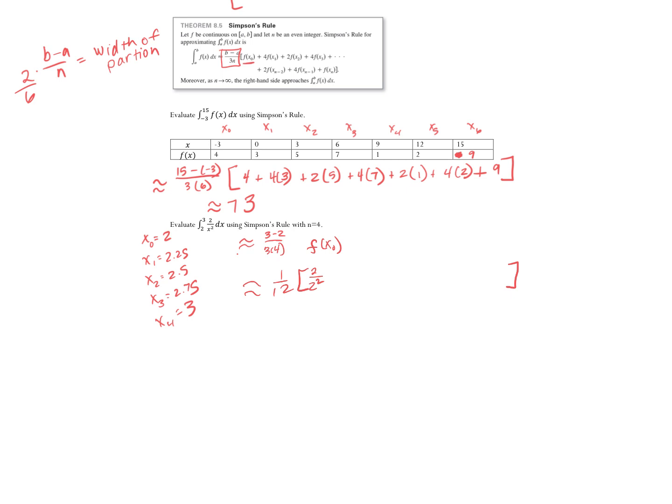Then 4 times f of x1. Well, what's f of x1? It's 2 over 2.25 squared, right? And then 2 times f of x2 would be 2 over 2.5 squared. And then 4 times f of 2.75 squared.